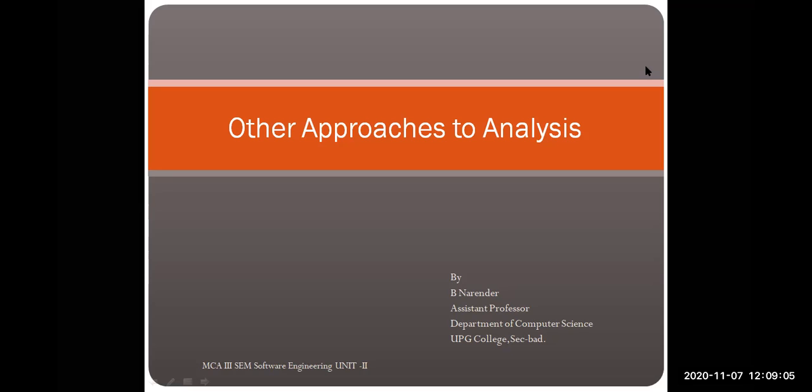we need to consider so many things regarding the state of the software and projection of the software. So what are these two terms? State of the software and projection of the software. State of the software is nothing but at what stage the software is going to be developed.